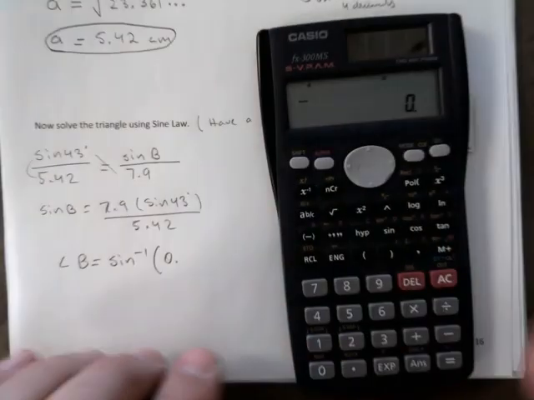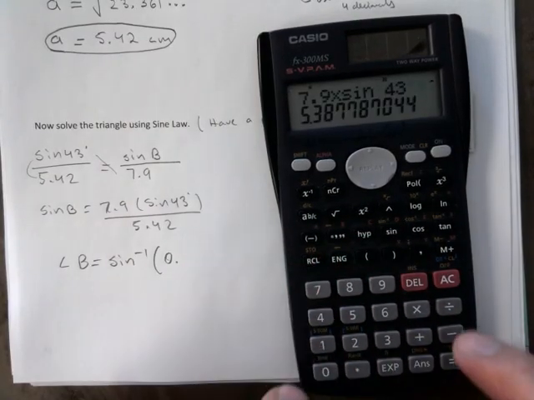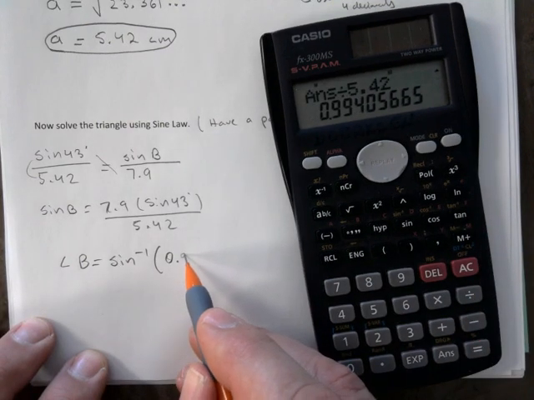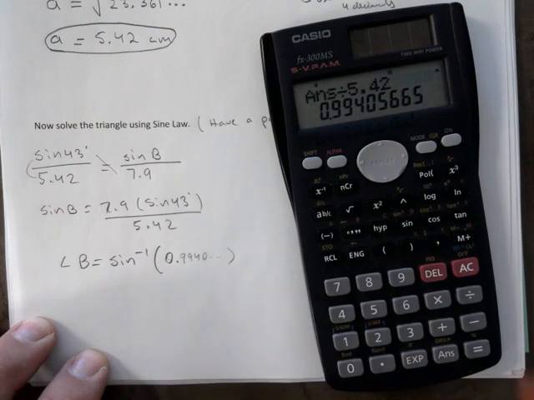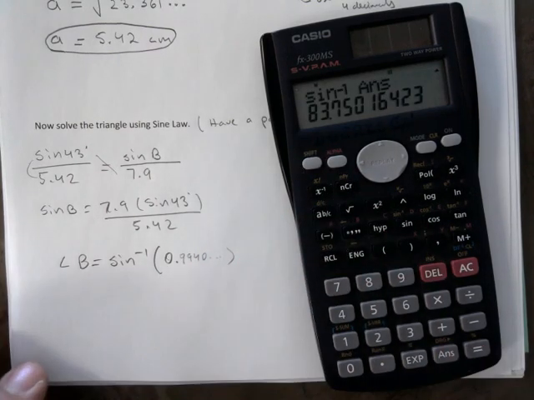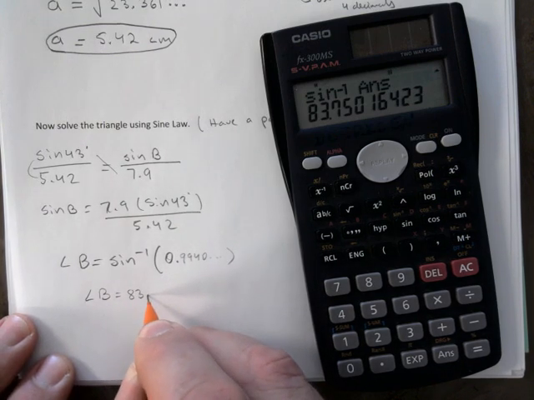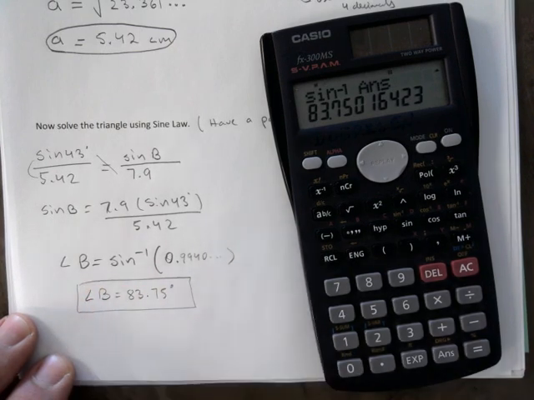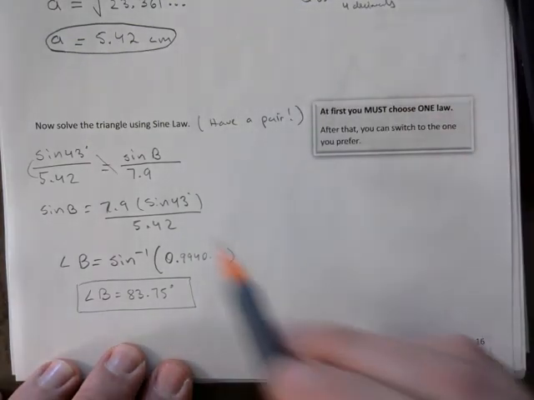So let's see. Oof, that was close. 0.994 keeps going. Shift sine. That's 83.75. Almost a right triangle, but not quite. It says solve the triangle, right?